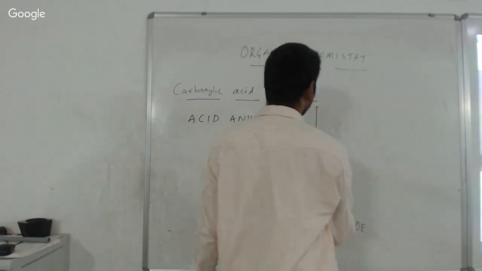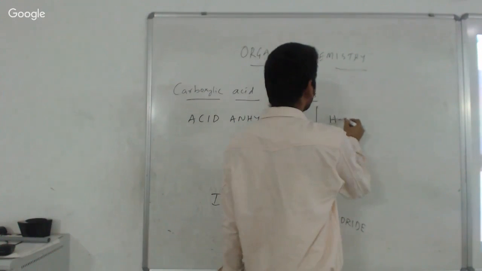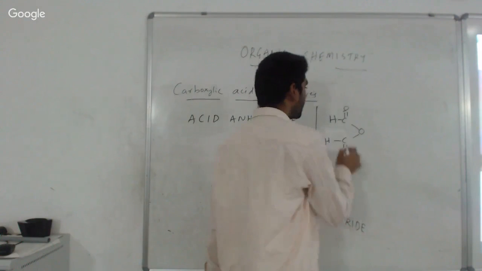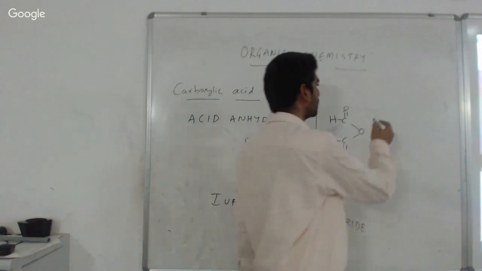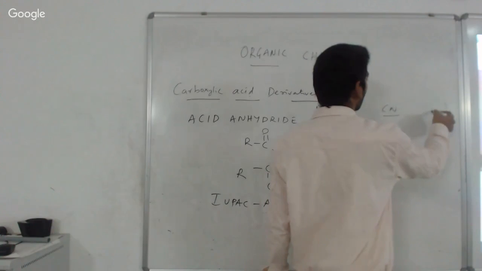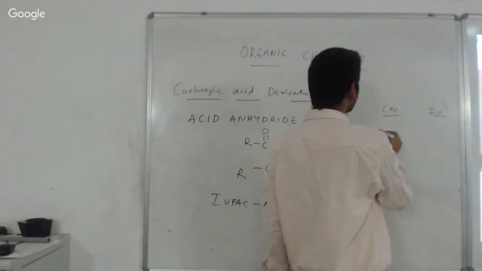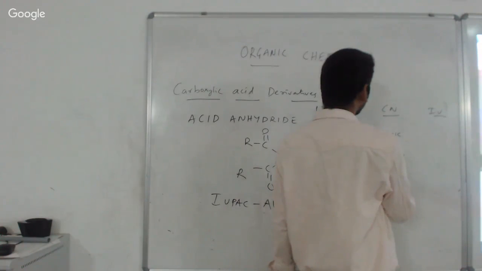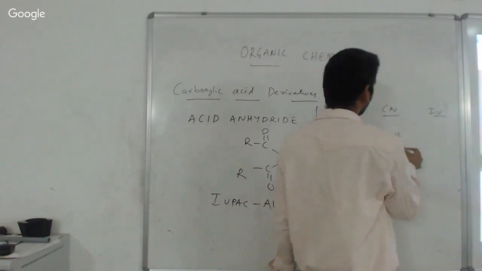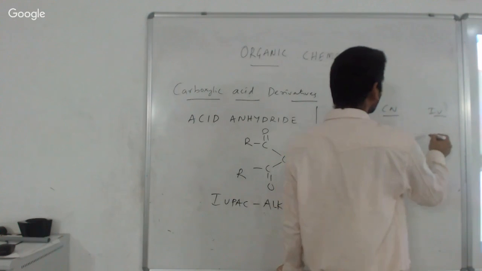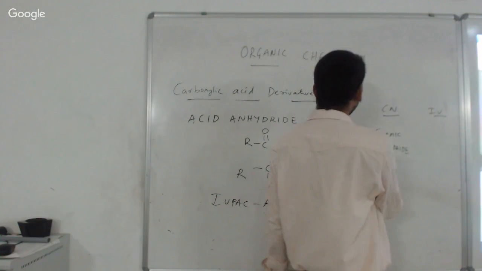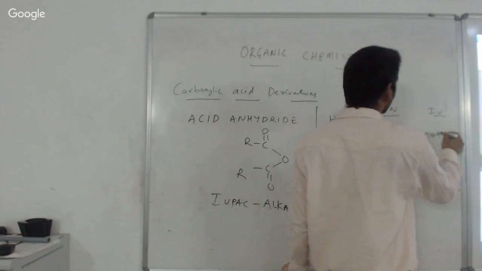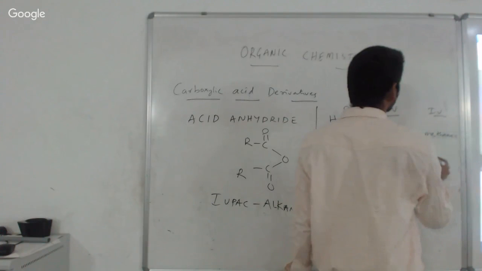Example: HC double bond O. This anhydride is coming from formic acid, so the common name is formic anhydride. The IUPAC name: one carbon is there, so we get methanoic anhydride.